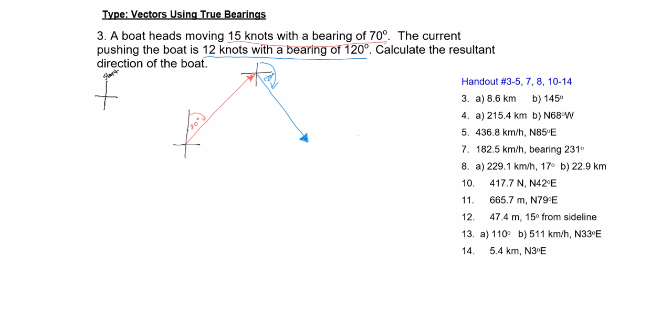So in order to find the angle between here and here, we have to do some funky math. Now, you know, using Z pattern, that this angle here has to be 70 degrees.